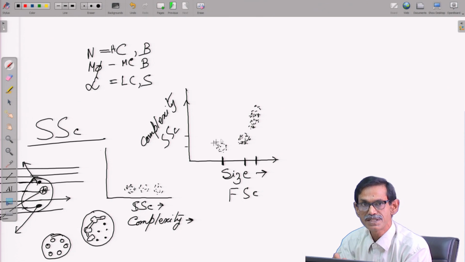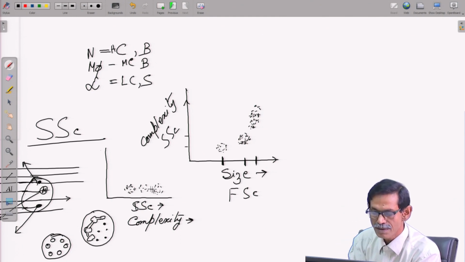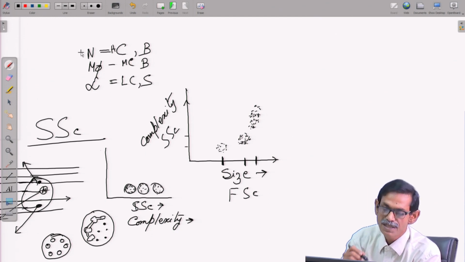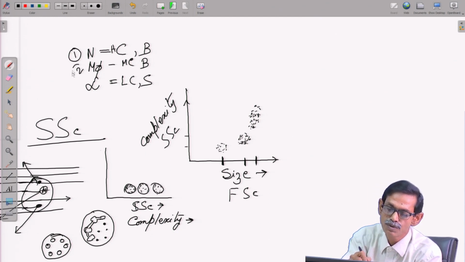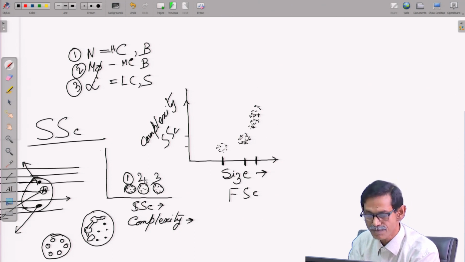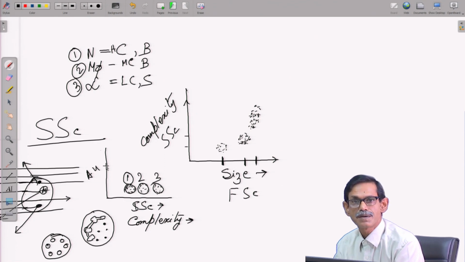So, okay. So, this is the distribution plot, this is called a dot plot. But if I want to plot a histogram of this, suppose these 3 populations 1, 2, 3. Suppose this is 1, this is 2 and this is 3. So, this 1, 2, 3 will come as 1, 2 and 3 in this plot where only complexity is measured, in arbitrary units.